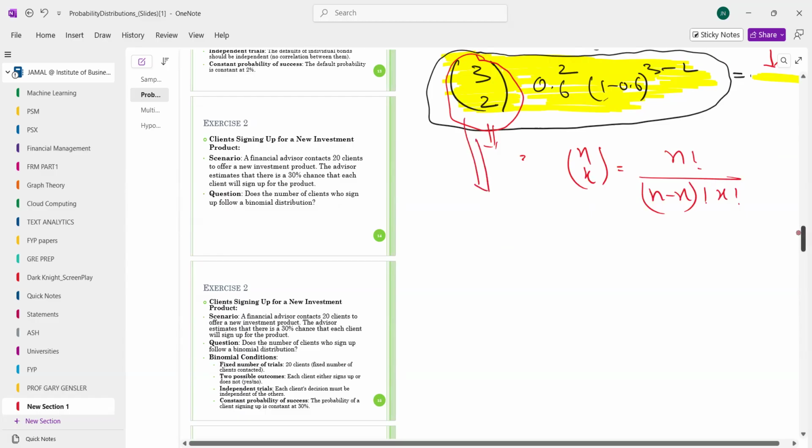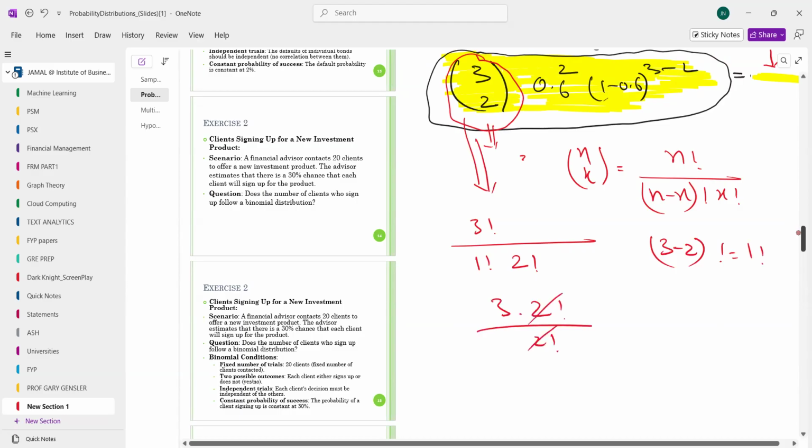So for example, for this, it's going to be 3 factorial over n minus x, which is 3 minus 2, 1 factorial, and x is 2 factorial. So 3 minus 2 factorial equals 1 factorial. So the 2 factorial in 3 factorial gets cancelled out and you are left with 3. So plugging in the values, 3 into 0.6 raised to the power 2, and 1 minus 0.6, 0.4 raised to the power 1.